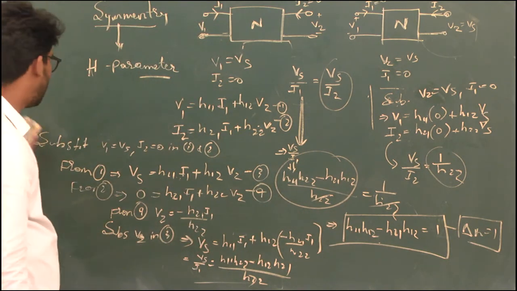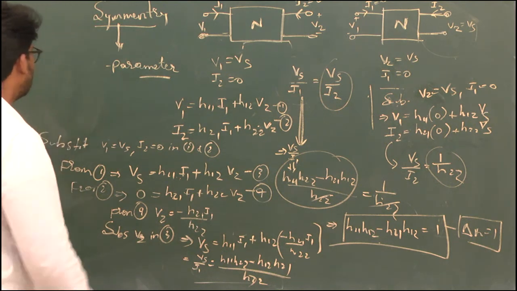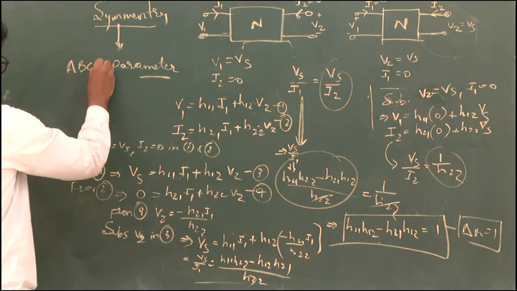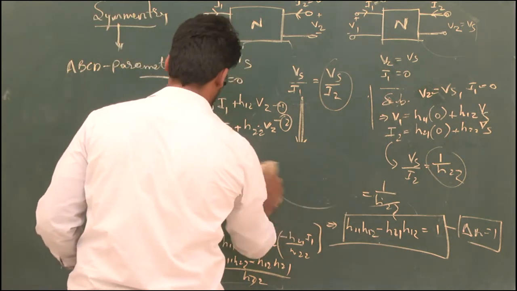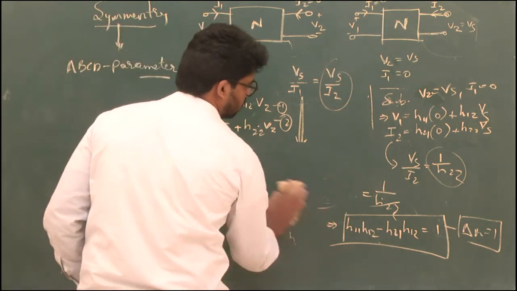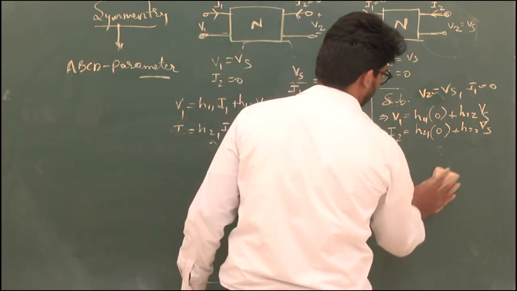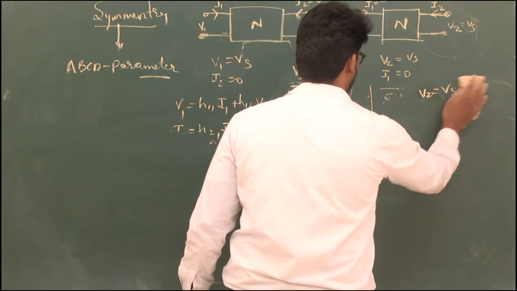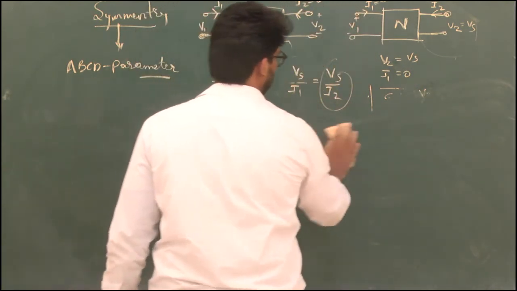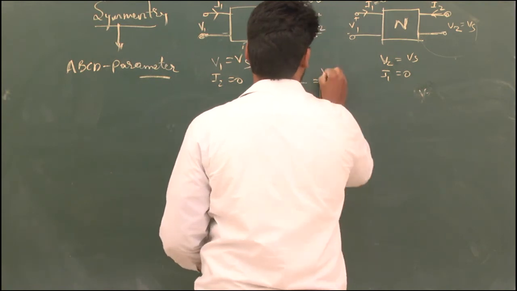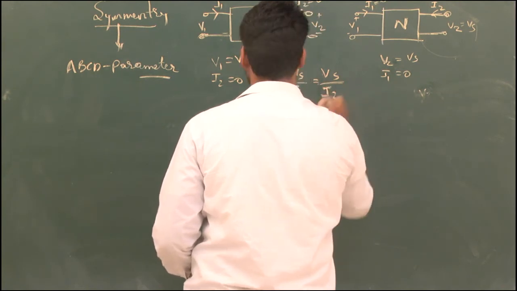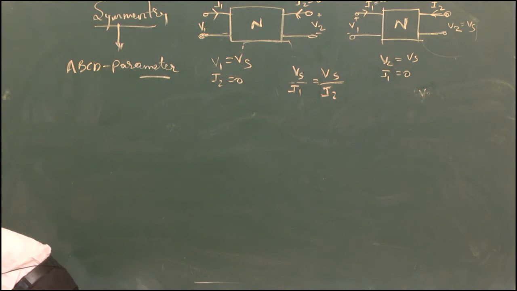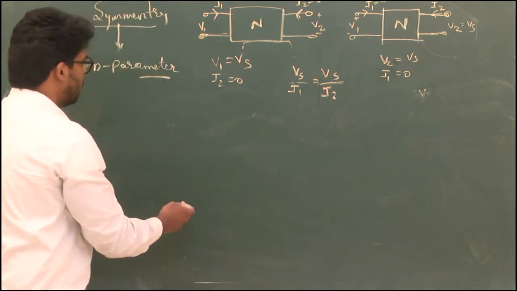Now we will switch to ABCD parameters. So what are the ABCD parameters you have?